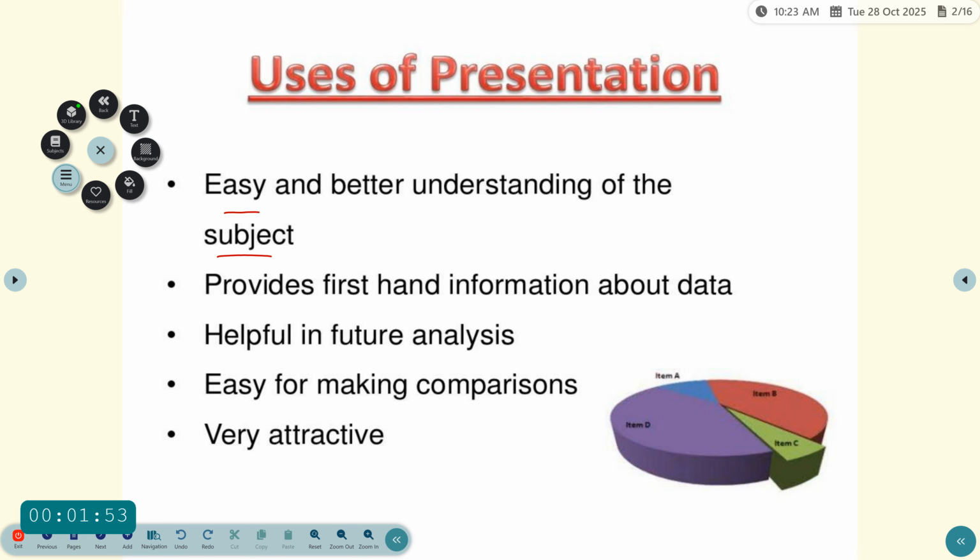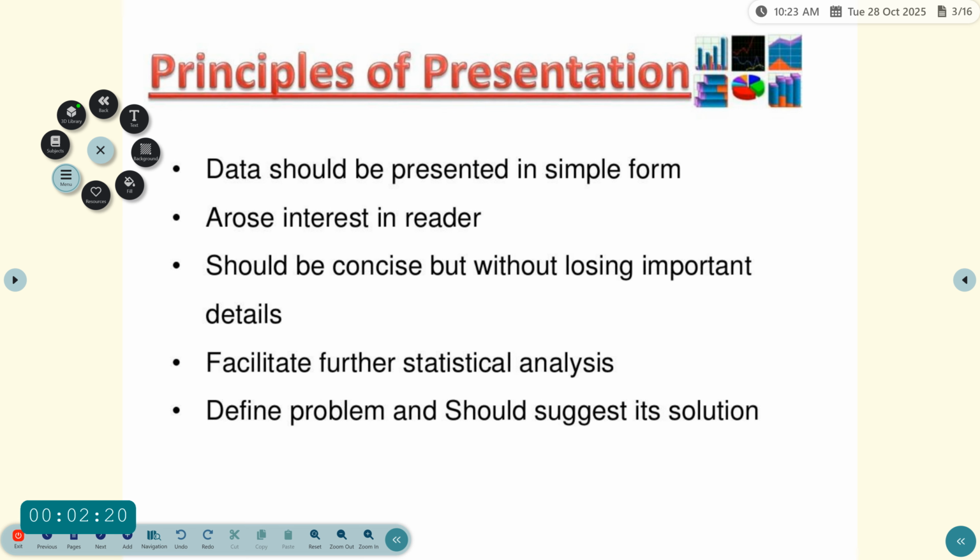Then it is very helpful for future analysis, easy for making comparisons with the existing one, and very attractive also. If the collected data is in number form, it is very vast data and we are not very interested in doing the analysis. But if the data is arranged in tabular or diagrammatic form, it looks very attractive, so it can be used for further analysis.